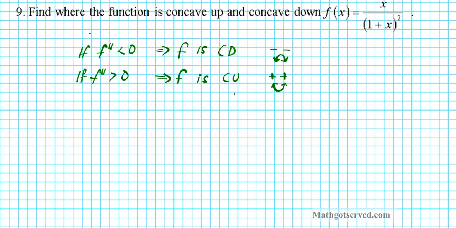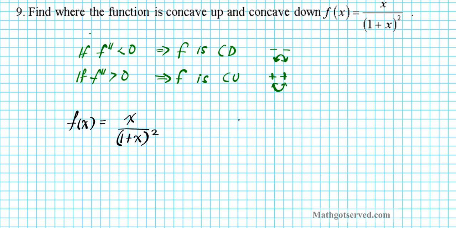Now, the function f of x is x divided by 1 plus x quantity squared. Now this is a quotient of two functions, so we are going to be using the quotient rule here.